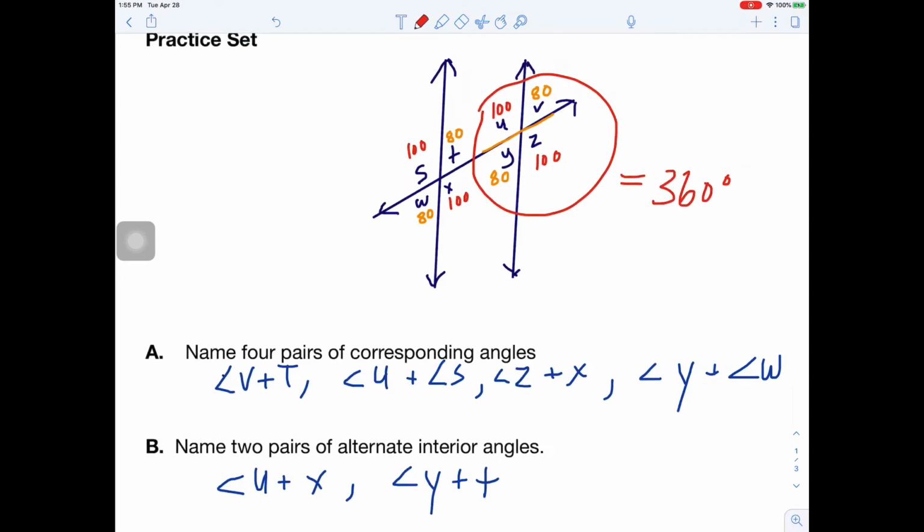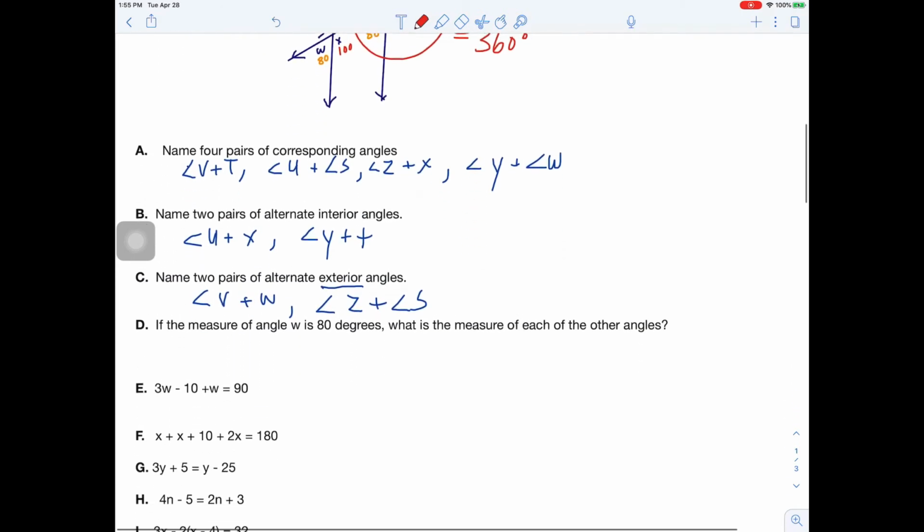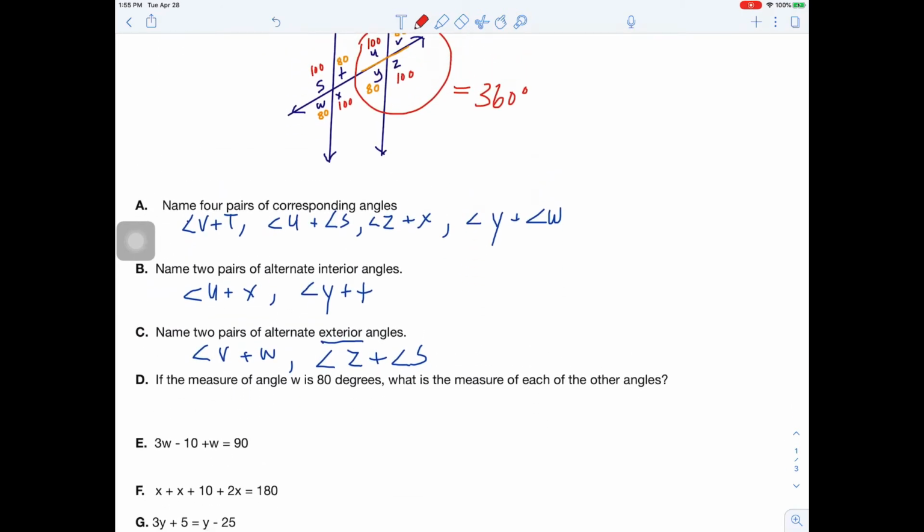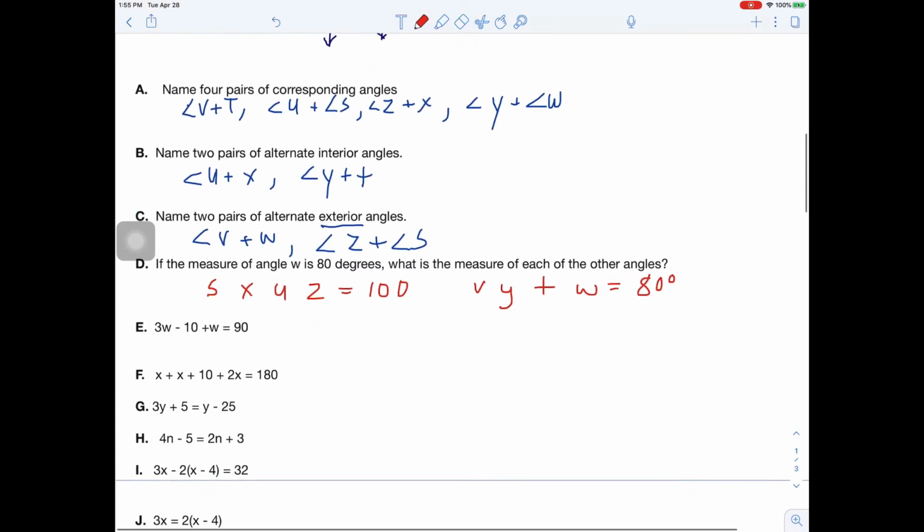It equals 360 degrees. So that kind of gives you the proof of how that works. So the other angles, S, X, U, Z equal 100. And V, Y, T, W equal 80 degrees.